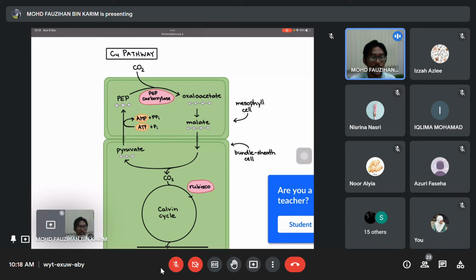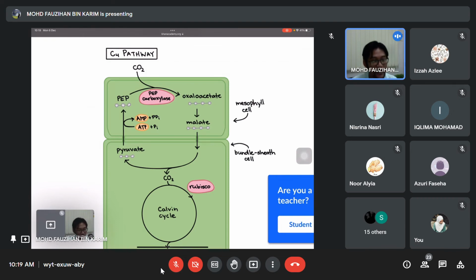All right. So in the low temperature area, C4 plants are less efficient than C3. Even though in C3 plants the carbon dioxide will compete with oxygen on the active site of the Rubisco, the chance of carbon dioxide to be fixed in the Rubisco and finally enter the Calvin cycle is still there.